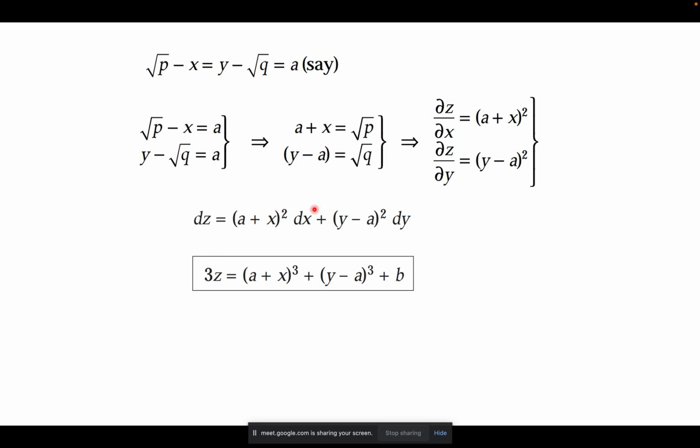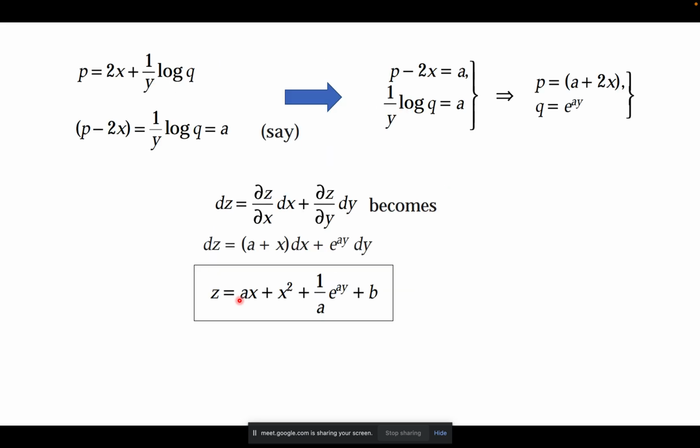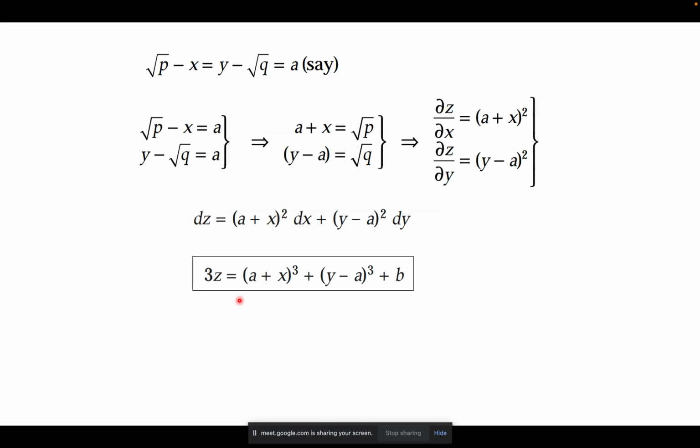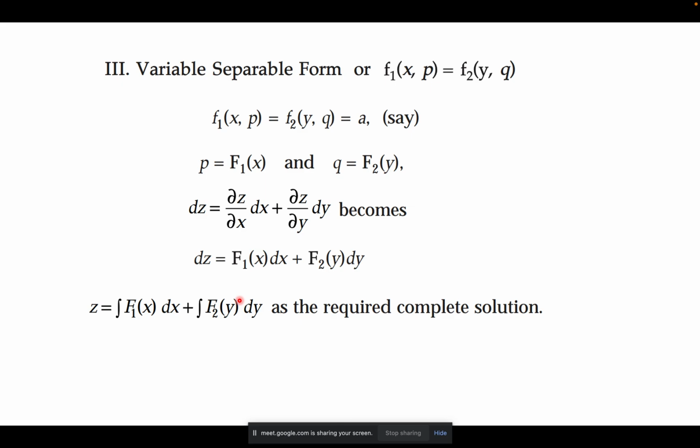So if you do the integration on both sides, you will get 3z is equal to a plus x whole cube plus y minus a whole cube plus b, right? So this is the final solution of such type of partial differential equation. Okay, so this is all about the last question, and also all about this week's assignment.